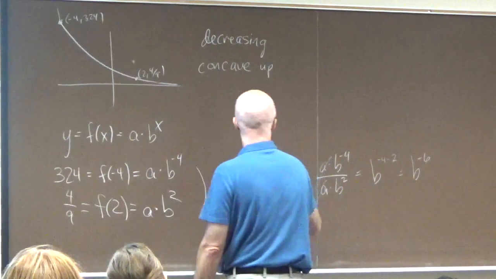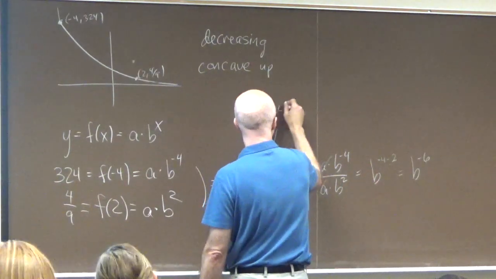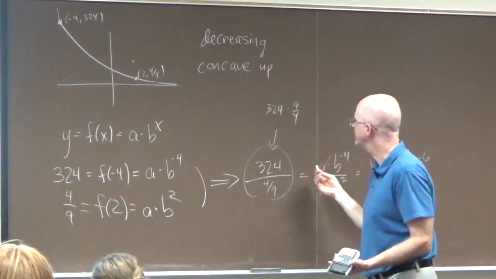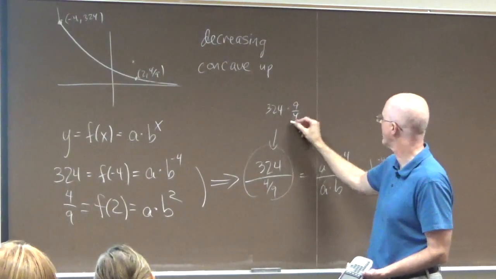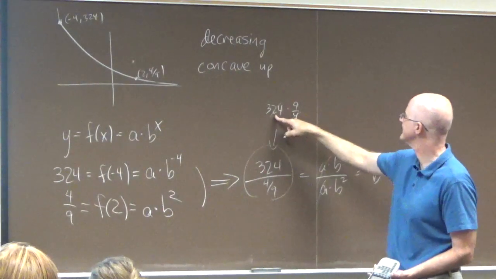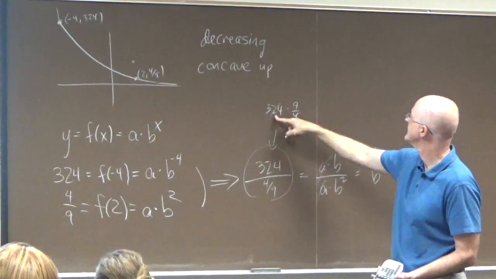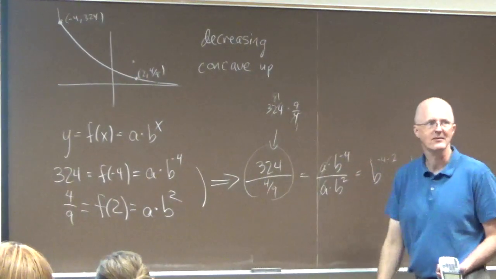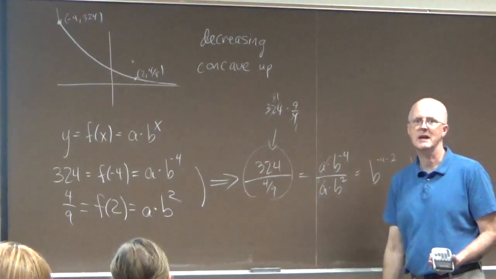Again, this is the same as 324 times 9/4, or 324 times 2.25. We can also cancel the 4 with the 324. Let's see, divide that by 2, you get 162. Divide by 2 again, you'll get 81. Reminds me of baseball. There's 162 games in a season.